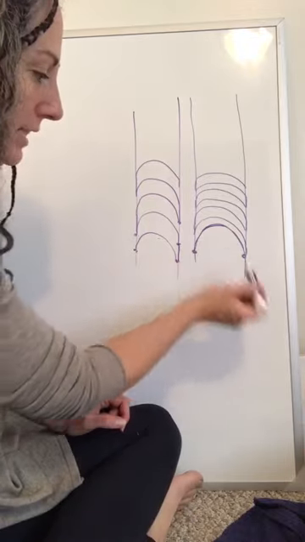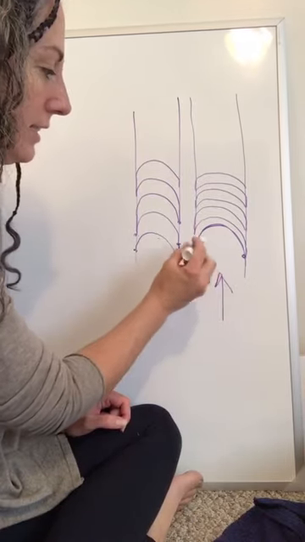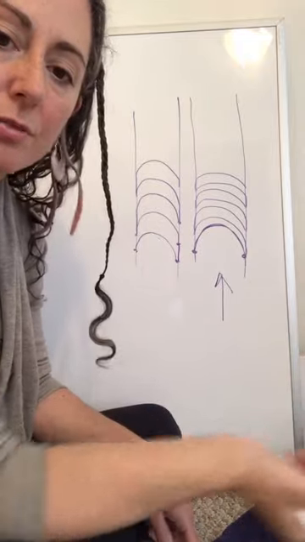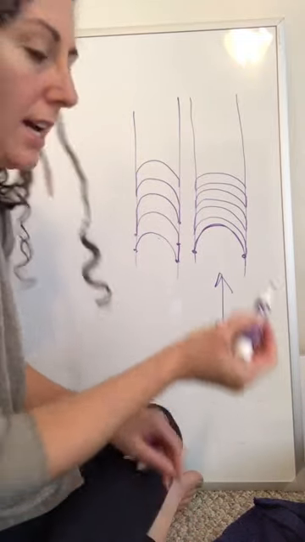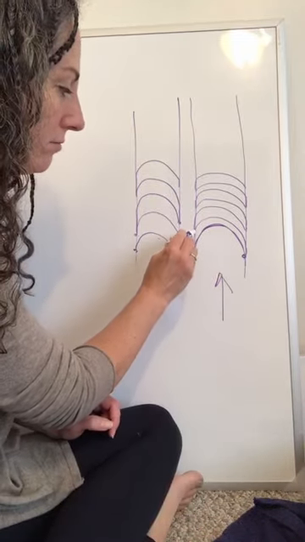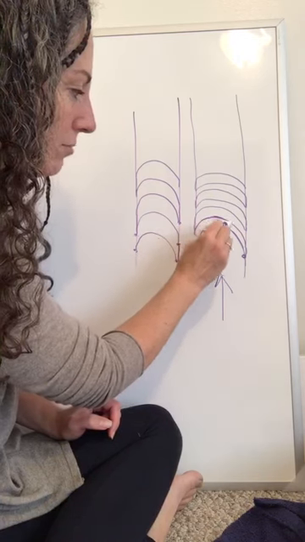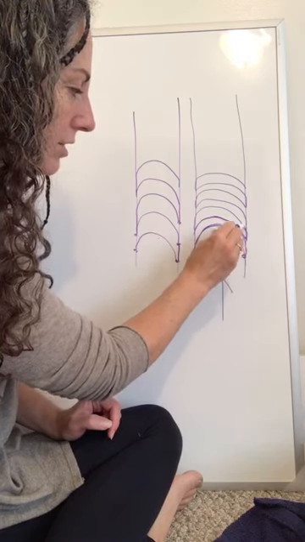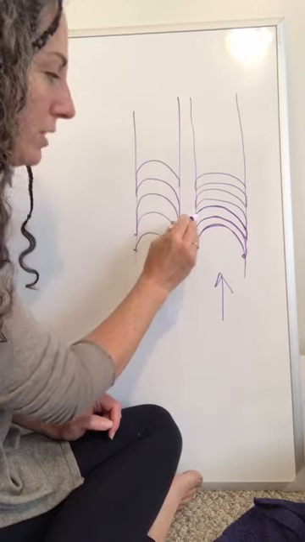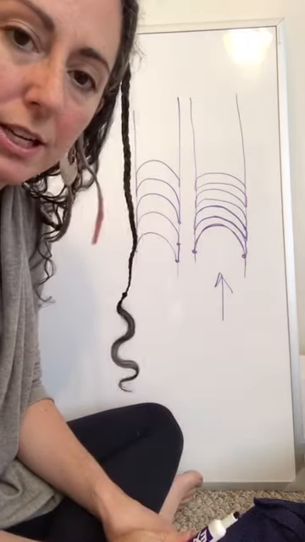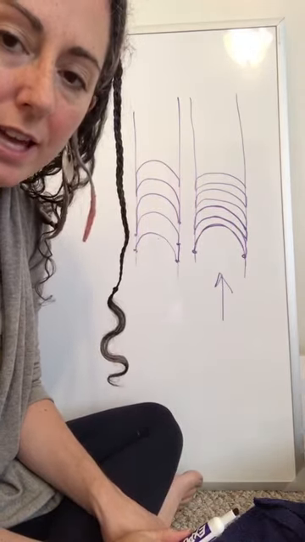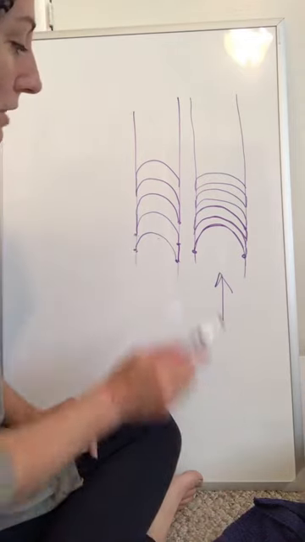But then what I did on this side is, instead of making another half circle, making this shape the same way, I went up and echoed it. I kept the same space from beginning to end, and then I echoed it again, and I kept the same space from beginning to end. And if you keep echoing that curve, it gets flatter and flatter. Because look at what's happening over here.